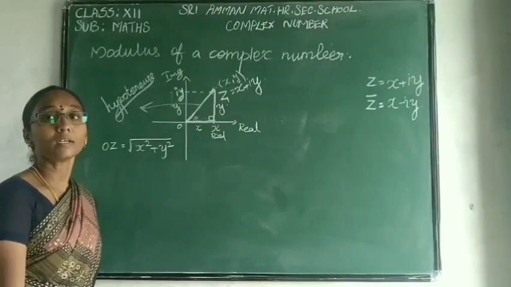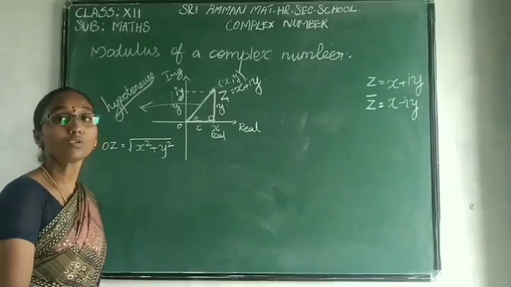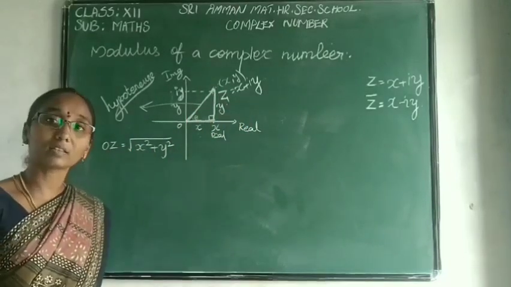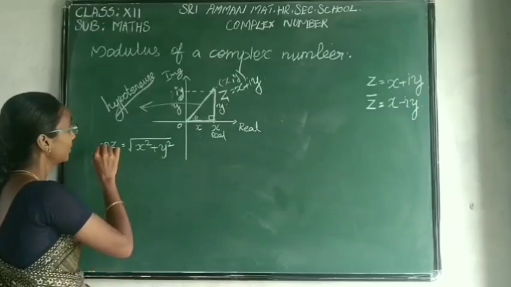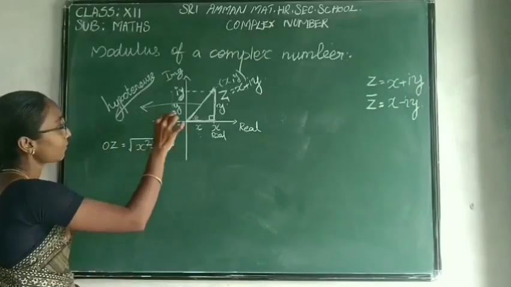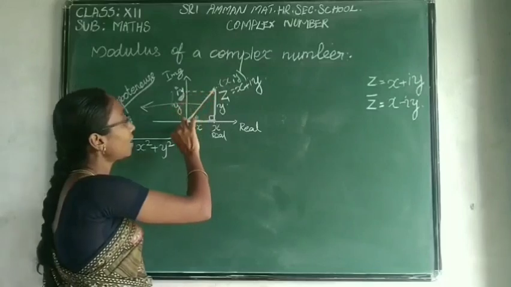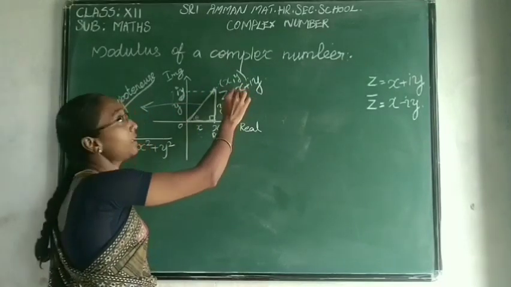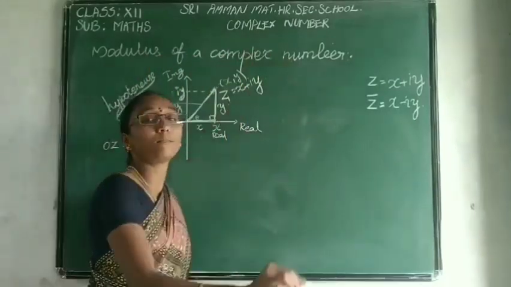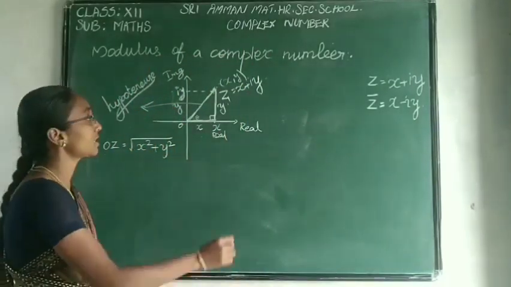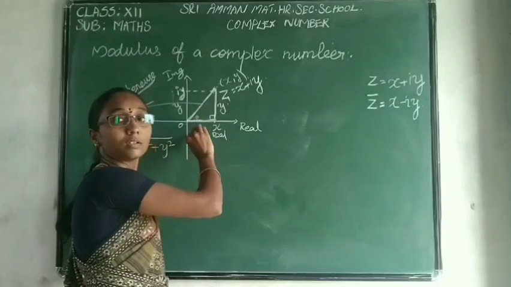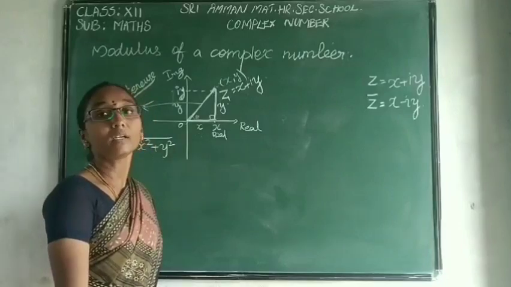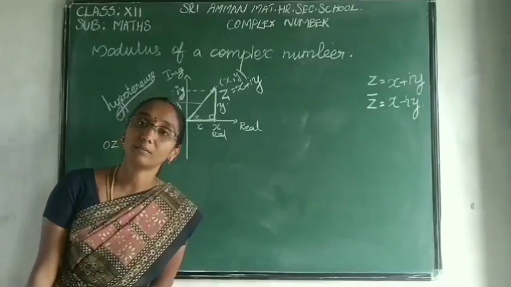The distance from the origin to the complex number is denoted by OZ, the distance or length. The distance from the origin to the corresponding complex number is denoted by the modulus of a complex number.